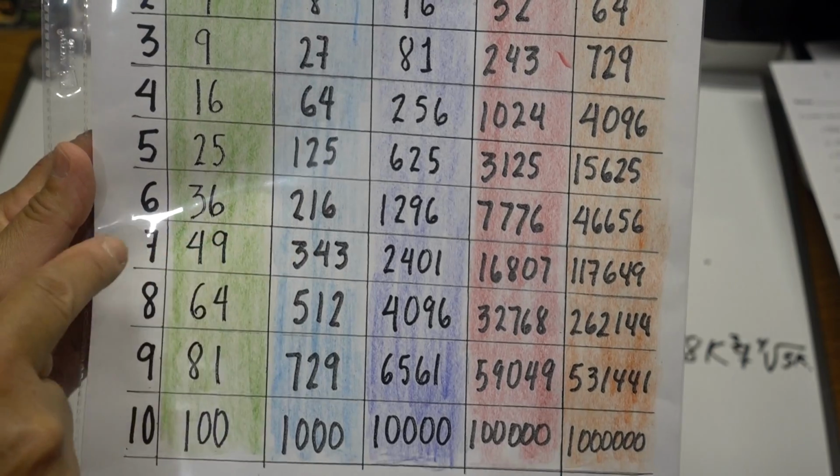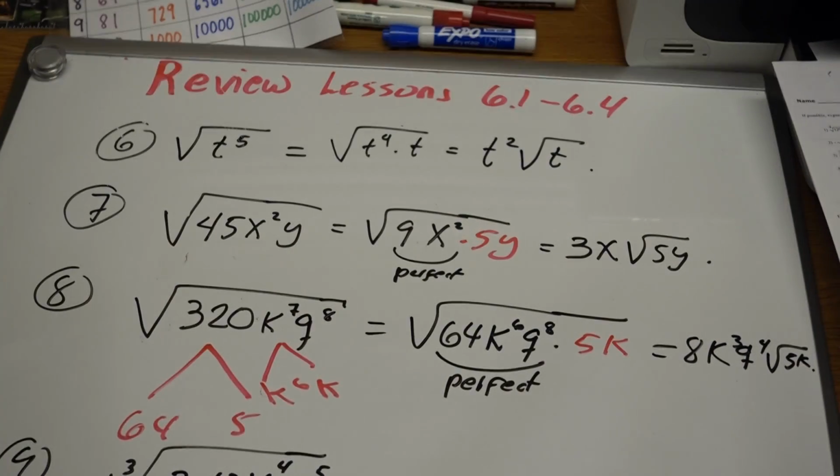The cube root of 343 is 7. So 343 is a perfect cube and I don't have to break it down. X to the 4th, I do have to break it down because 4 over 3 doesn't go evenly. So it's going to be x to the 3rd power times x. Y to the 5th power can be written as y cubed times y squared.